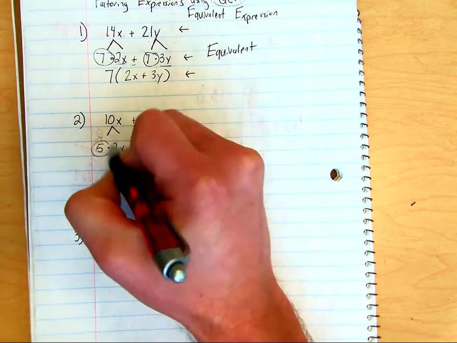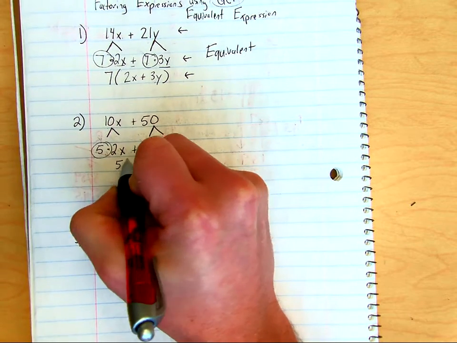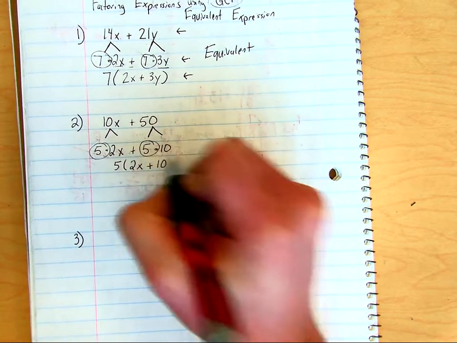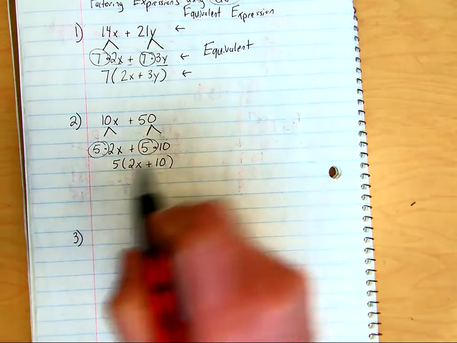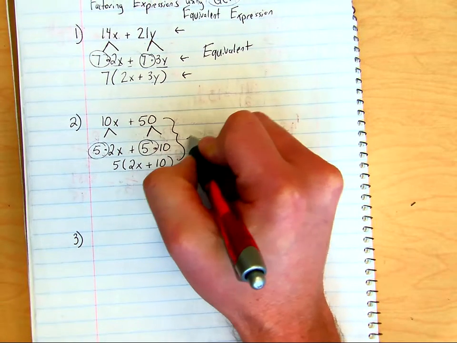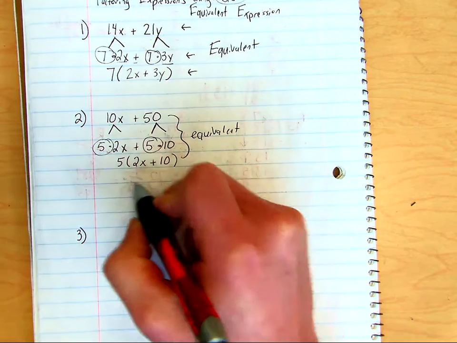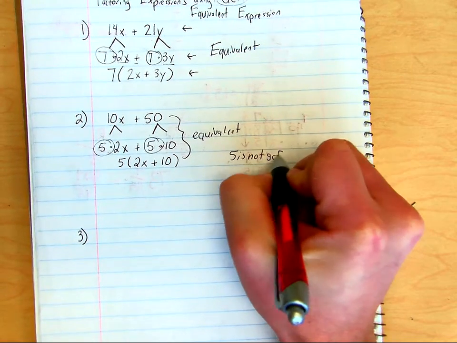So if I thought 5 was the greatest common factor, I would write it as 5 times 2x plus 10. How I know, yes, these are all equal to each other. Right? They are all equivalent, but 5 is not the GCF.